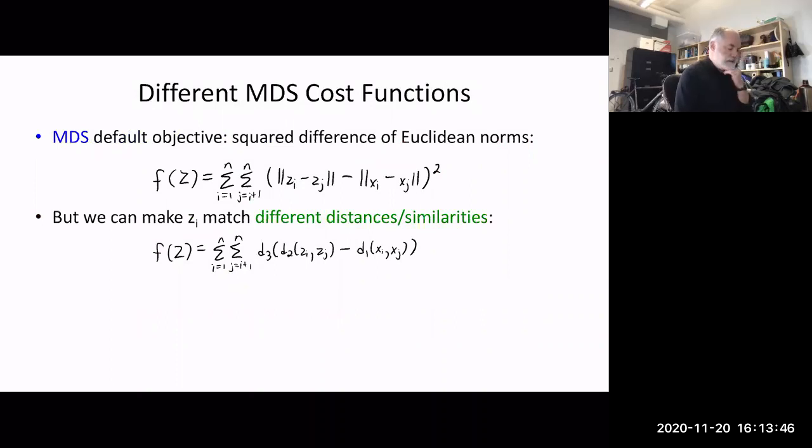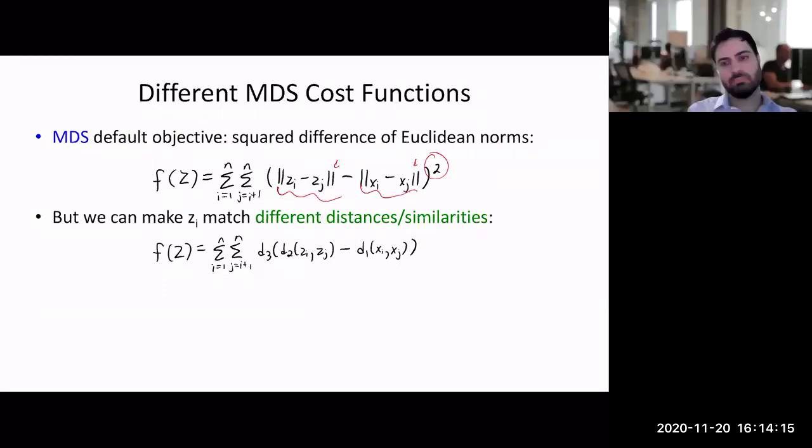The MDS default objective is the squared difference of Euclidean norms. So we've got Euclidean norms here, and then just a squared distance that we use to compare the distances. But there are obviously many degrees of freedom, really a big degree of freedom, in choosing which distance functions to use here and which distance function to use for comparing the distances.